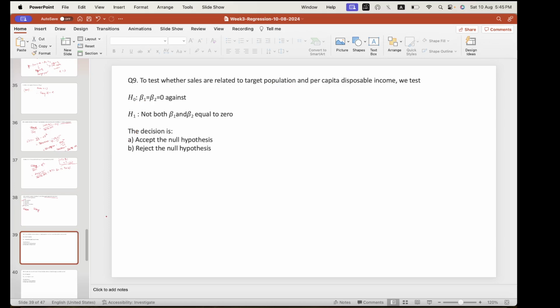Alright, now how do we do this? We want to test beta 1 equal to beta 2 equal to 0. So we know SS residuals, we know SS regression, we know DF residual, we know DF regression. Okay, so first I'll just write it down. SS residuals is how much?